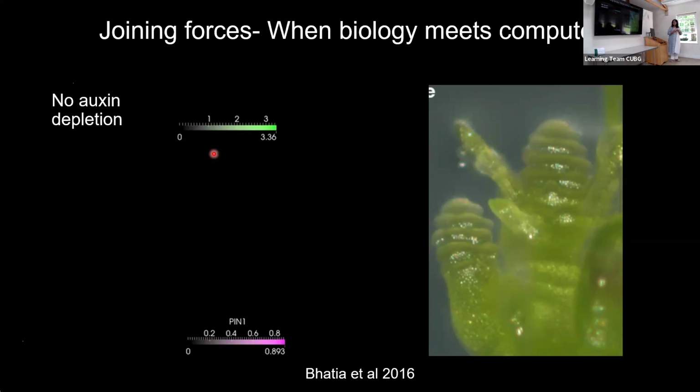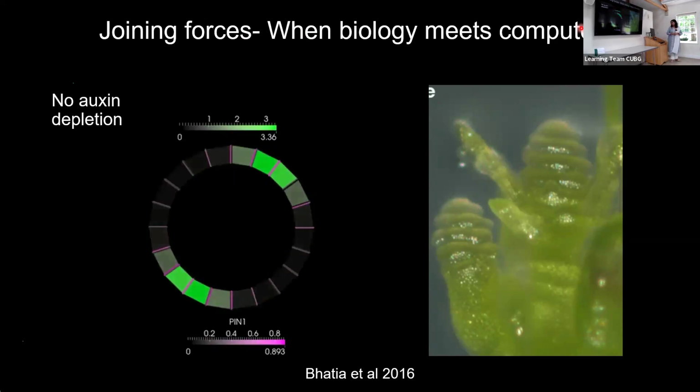So we took help of computational scientists, where we provided them all the information on how we have created this plant, and then they could impart that information to a computer model and show us what exactly was going on.